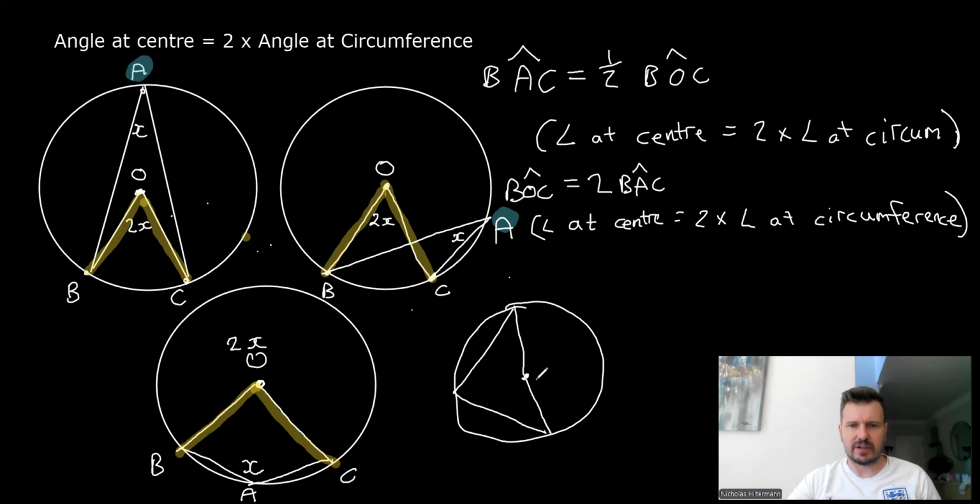So that's center O. There could be a number of different ways of doing it. In this case, you've almost got two of them. You just got to remember, if that's X, this will be 2X here.